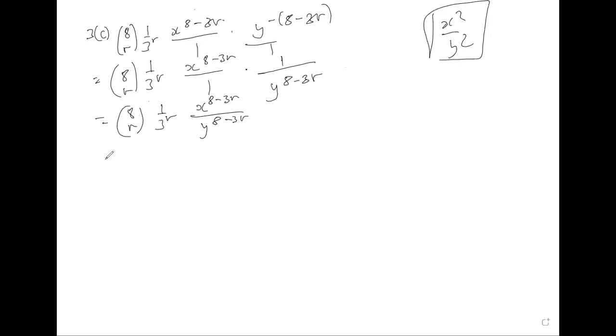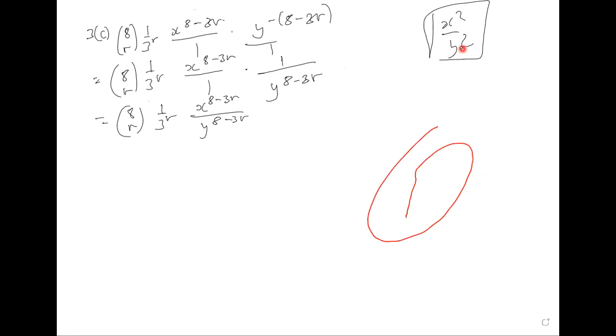So for the term with the x squared and y squared, meaning that we're going to compare the coefficients or the powers here. The power of x here, and the power of x here. So we have x to the power 8 minus 3r.